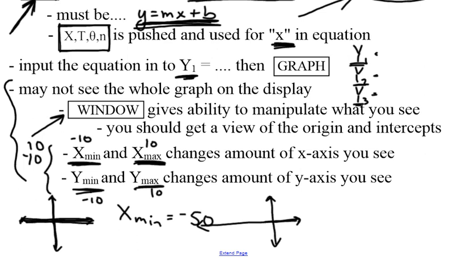I would see way more on the minimum side of my x than the other parts because I set it to be a lot longer. So we'll see as we do some examples how we can play with that.